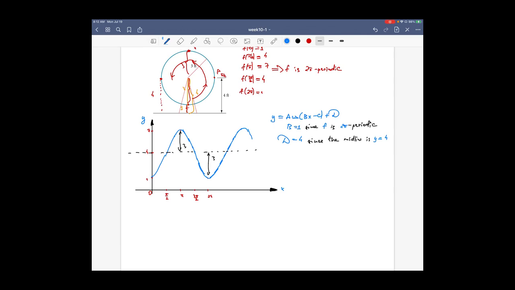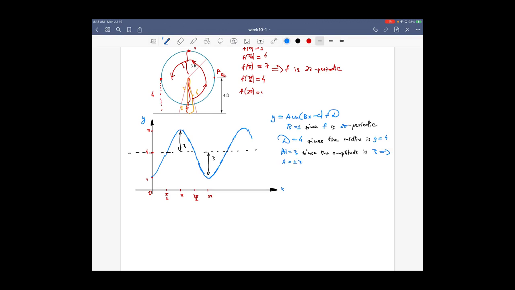Now, the amplitude clearly is 3. So A is plus minus 3.